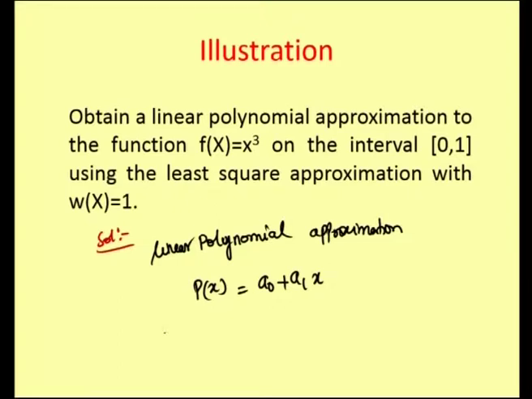We have U of a0, a1 equal to the sum of the squares of the errors.